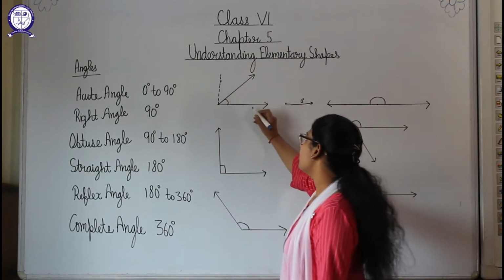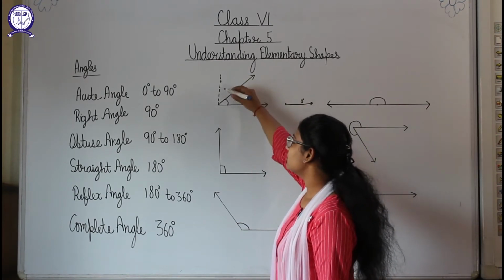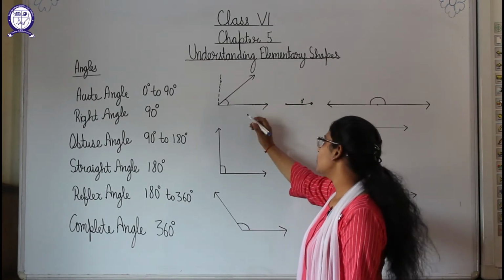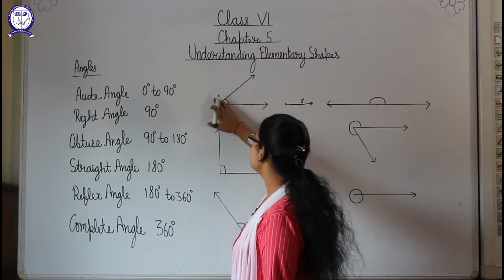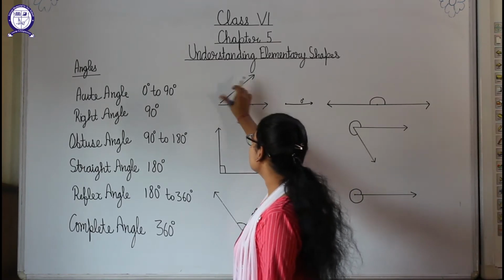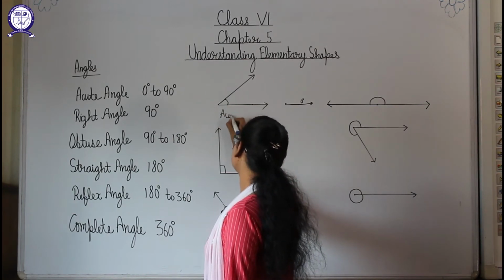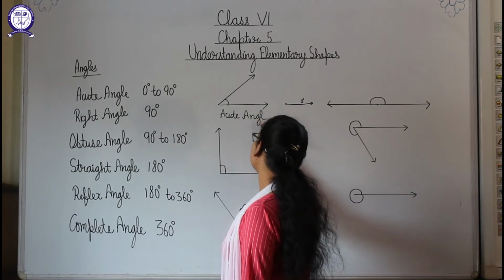So from 0 degree to 90 degree, whatever the angles in this range, all those angles will be acute angles. I can say that this angle is an acute angle, and this one is also an acute angle, because it is from 0 to 90 degree.